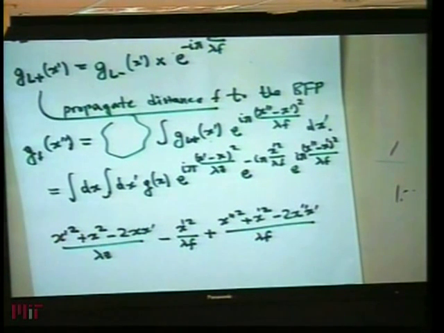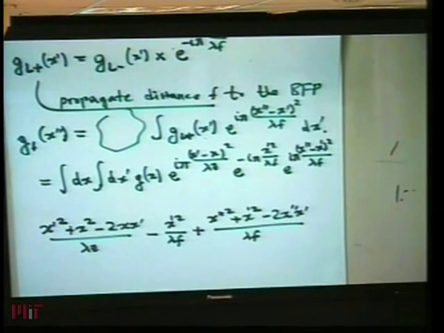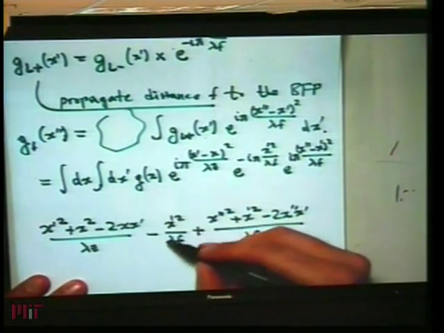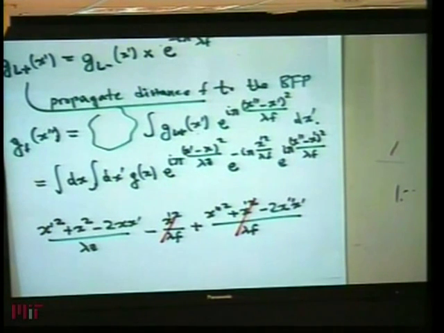Okay. So the thing that you notice first is that some of these exponents get knocked out. This one killed this one. That's very pleasant.